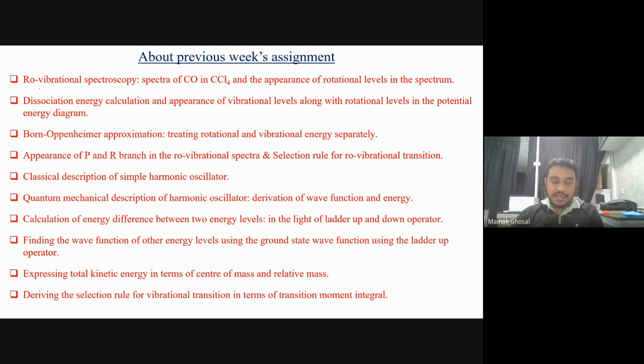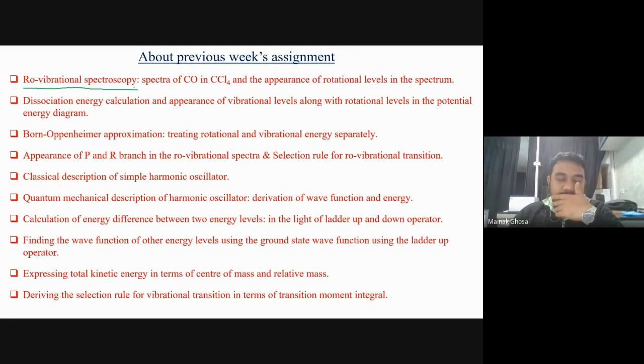We have already discussed rotational spectroscopy and vibrational spectroscopy, and in the last live session, I also discussed rotational-vibrational spectroscopy, which is also known as rovibrational spectroscopy. We read rotational and vibrational spectroscopy separately, but in every vibrational level there are some rotational levels associated with it.